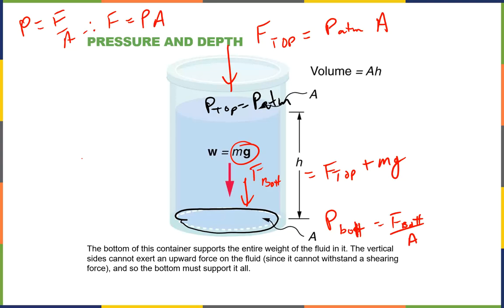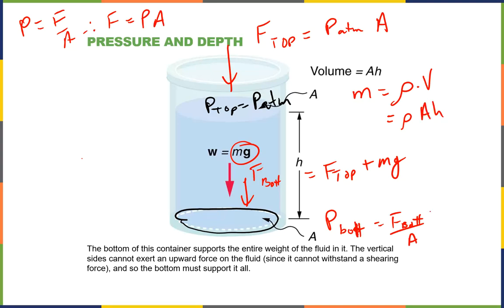So with that relationship, if the volume is area times height, then I can say the mass is equal to density times volume. Notice without a vector sign, the dot means times. Since density is mass over volume, the mass must be density times volume. So the mass is equal to density times area times height.